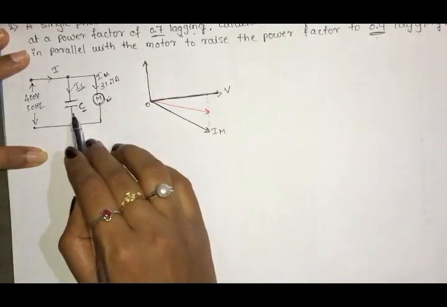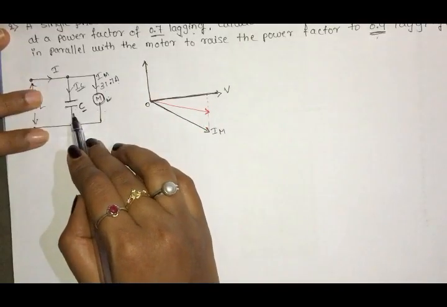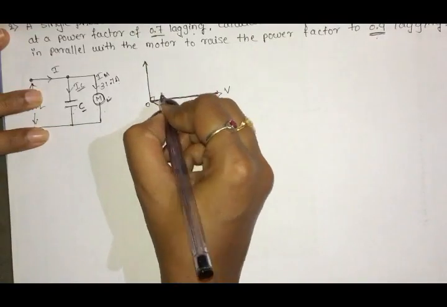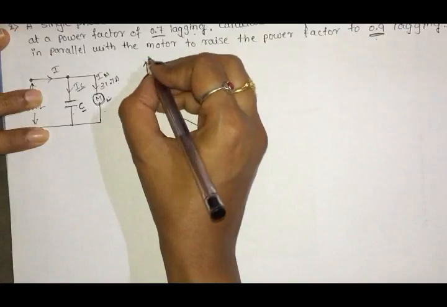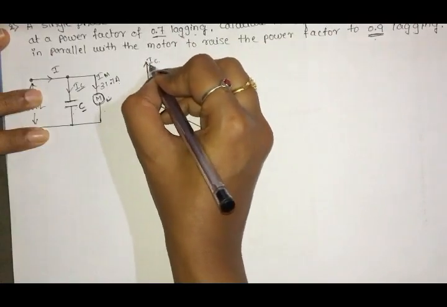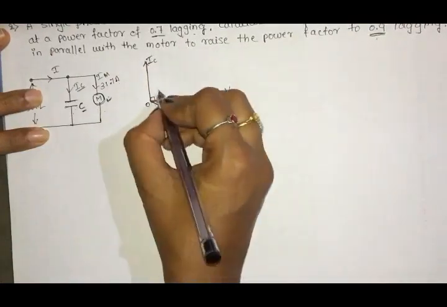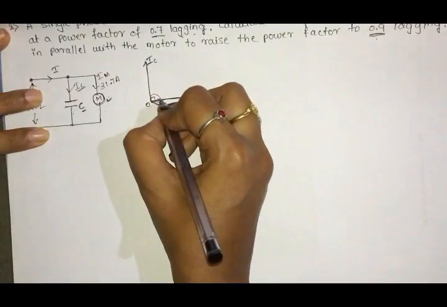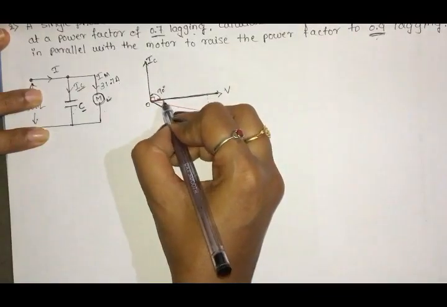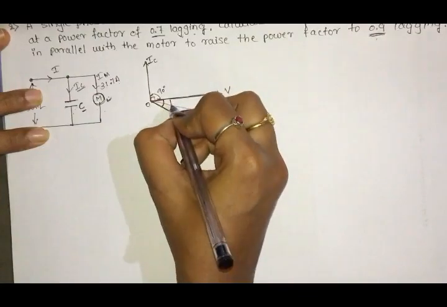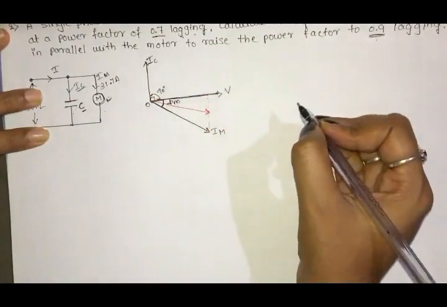Next, after connecting the capacitor, the capacitor current will be leading the voltage. So we can write it as IC, current at an angle of 90 degrees. This angle I will name as phi m.